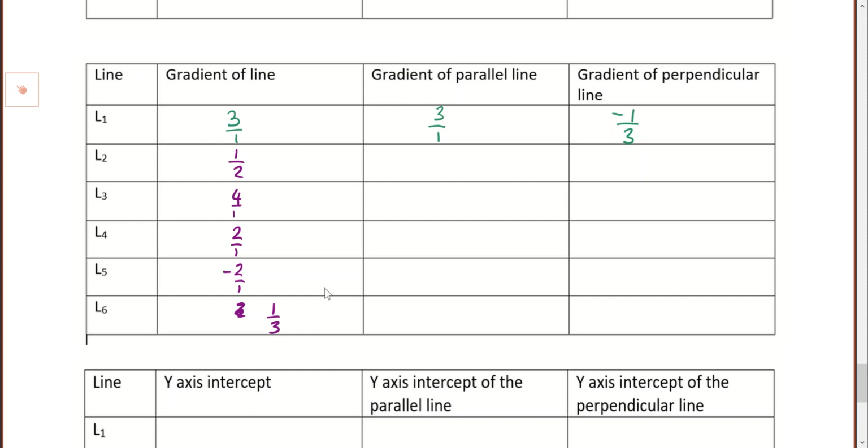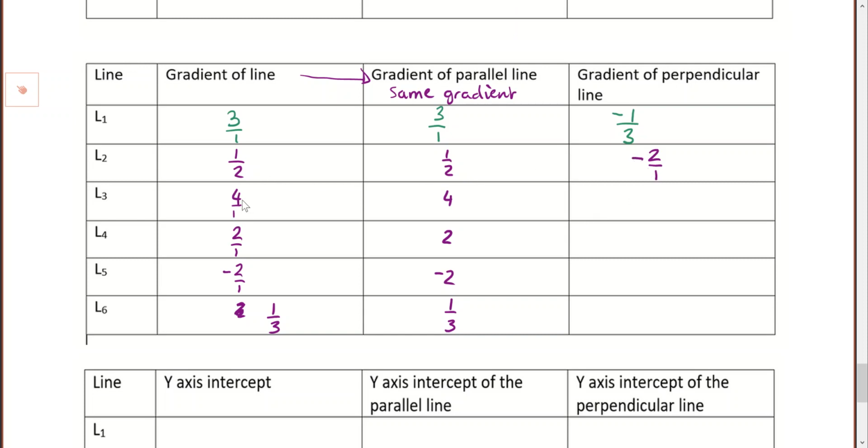Yeah. Okay. So the gradients of the parallel lines, well, they're just exactly the same, right? So what we can say is the gradient of a parallel line is going to be the same gradient. But then we look at the gradients of the perpendicular lines. If it was 1 over 2, it becomes 2 over 1, but also negative.